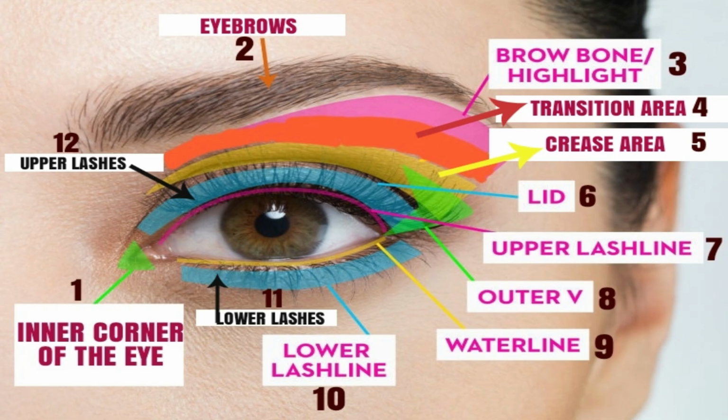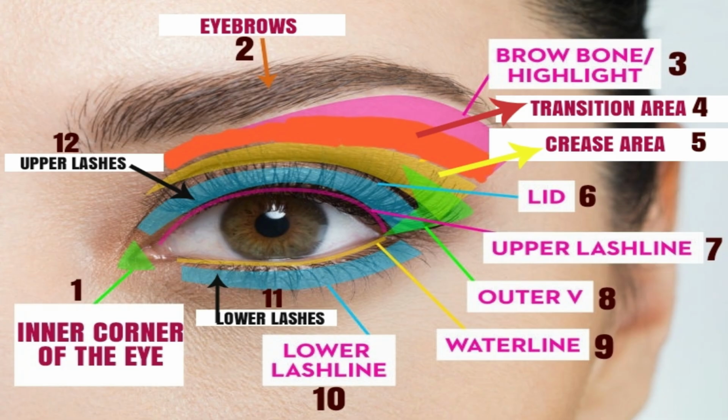Number 6 is where you have the blue color. That is called the lid. When we say apply this shadow on the lid, that is what we mean by lid: the part of the eye labeled blue on that picture showing on the screen is called the lid.